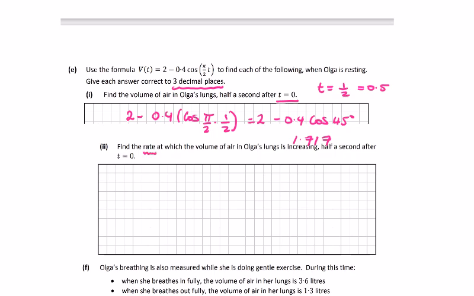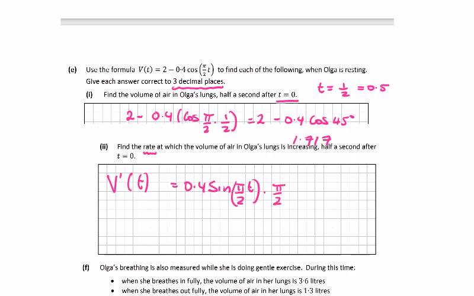Then we're asked to find the rate, so we're looking at V prime t. When we differentiate cos, cos goes to minus sine, so this will become plus. So V prime t will be equal to 0.4 by the sine of pi over 2 t, and then differentiate the angle, and you're going to get pi over 2.